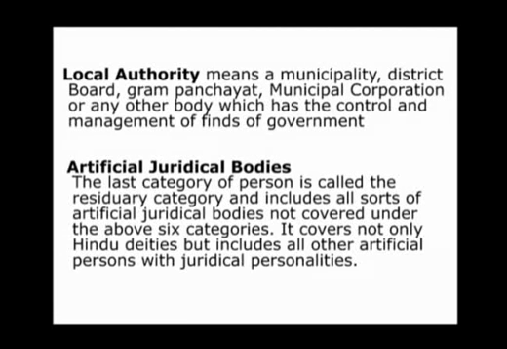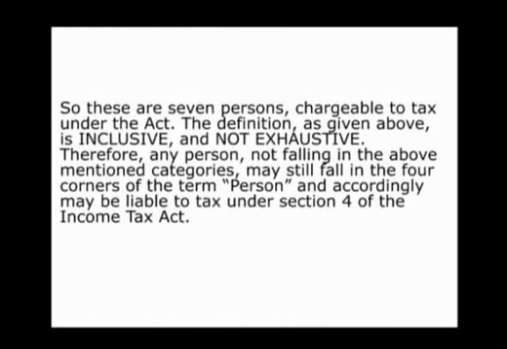So we will try to understand the meaning of a person by taking the following example. Before that, I want to conclude that there are 7 persons chargeable to tax under the Act, and the definition as given above is inclusive. Let me reiterate once again: the definition of person as given by the Act is inclusive, but it is not exhaustive.